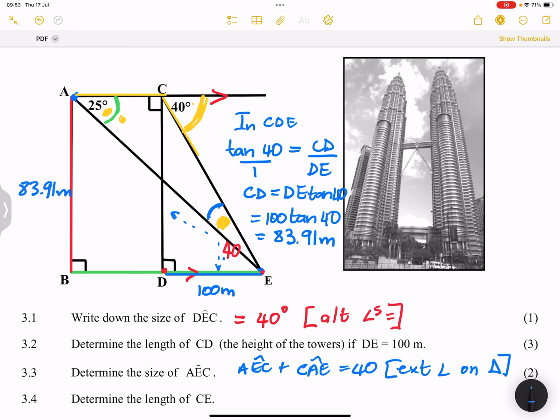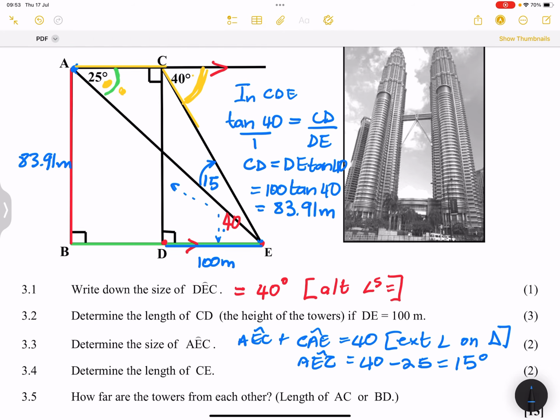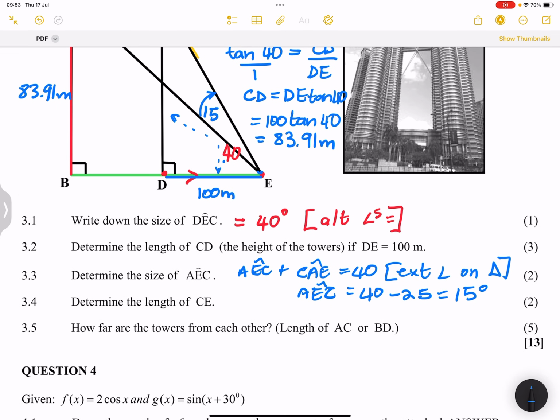And so that means that angle AEC would be 40 minus the 25, and that would be 15 degrees. So this small guy here should be equal to 15 degrees. I'm sure there's another way that we could have done that. You can explore that, but that's how I would have gone about getting that value.